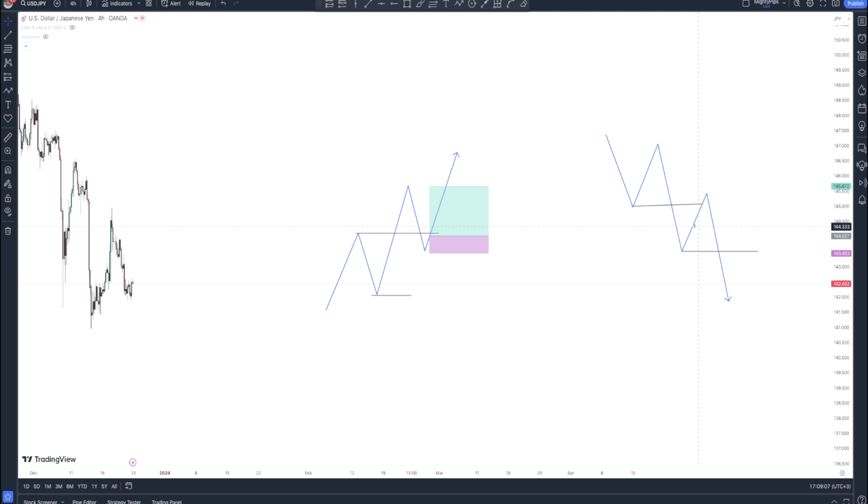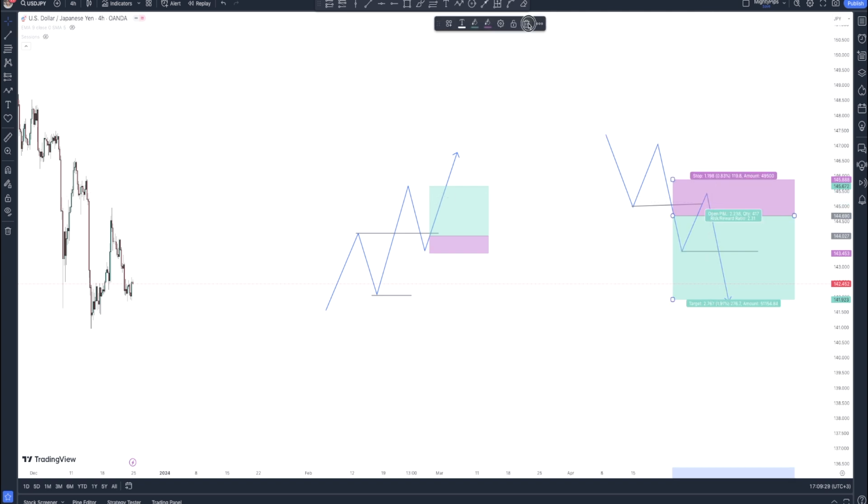You don't want to get involved immediately when this lower low is taken out by the price. Don't just start selling here like this, because yes, you'll get some win, but you'll be going through pain, because the price will come back and cause you a lot of pain here in this drawdown.